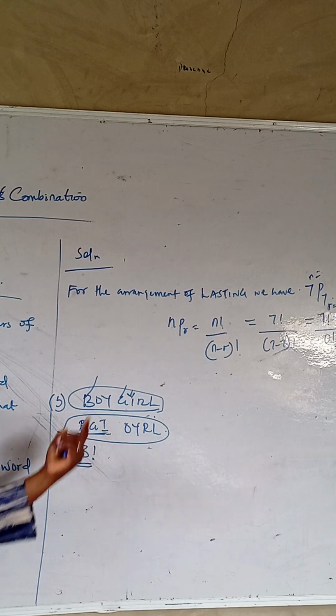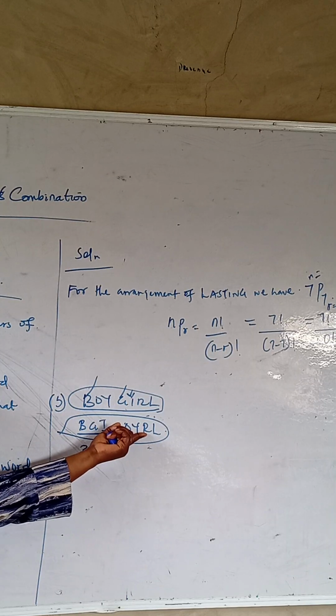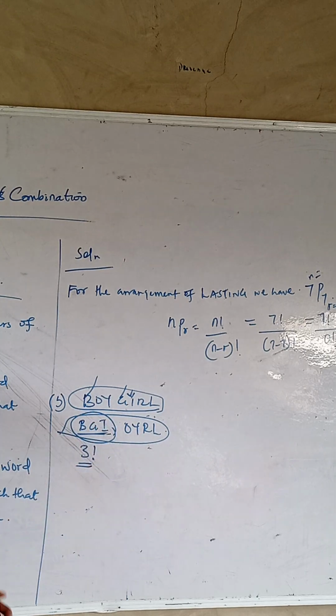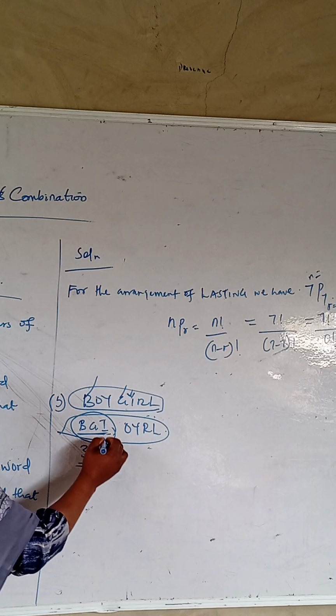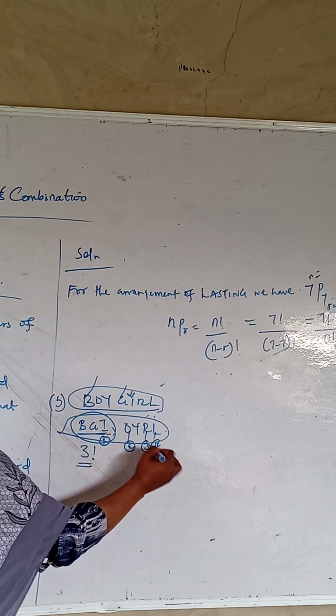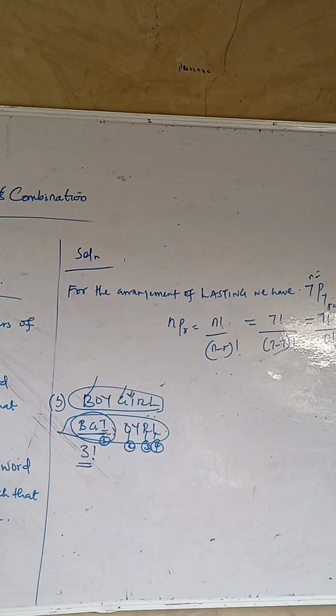So now, because of the other ones that you left aside, you count this one as a single letter, not as separate letters anymore. So when you want to count, this will be 1, 2, 3, 4. So in the remaining arrangement, what is left to be arranged? 4 letters.